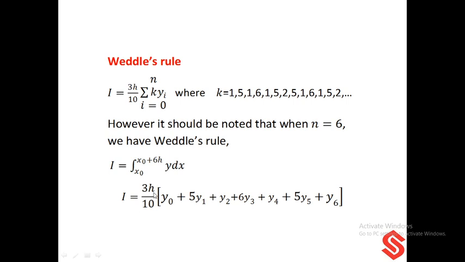So I is equal to 3h by 10 into y naught plus 5 y1 plus y2 plus 6 y3 plus y4 plus 5 y5 plus y6.